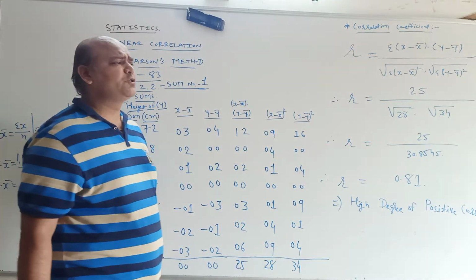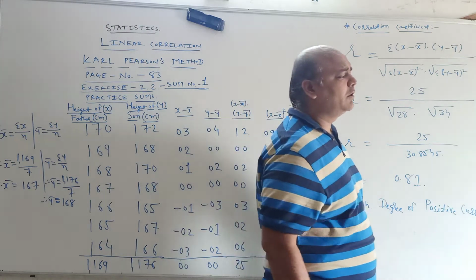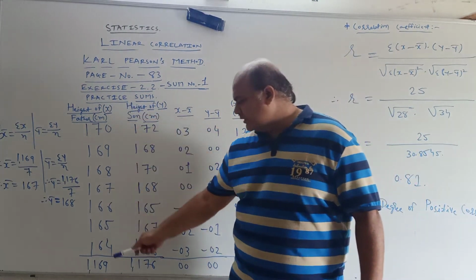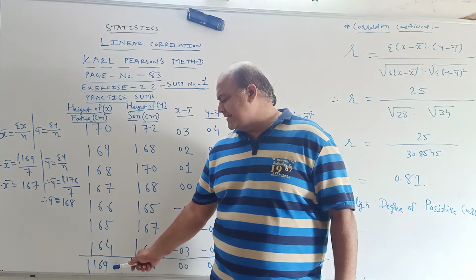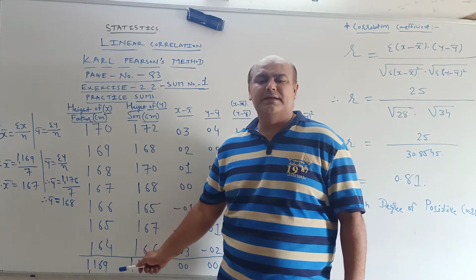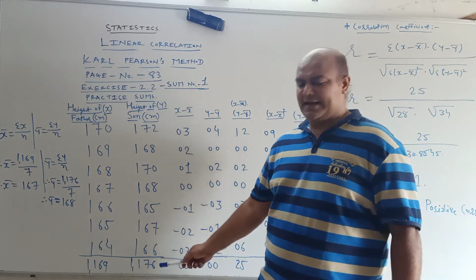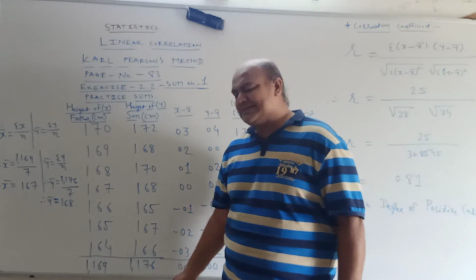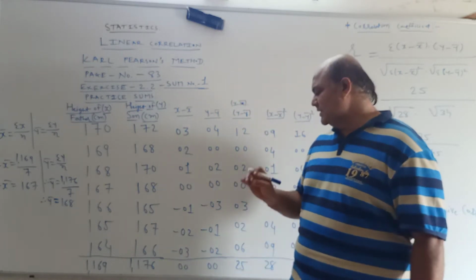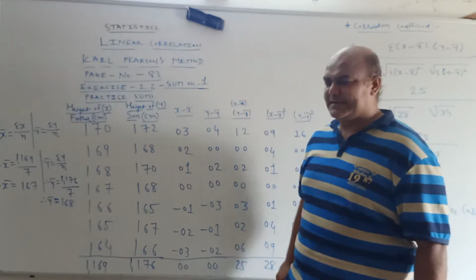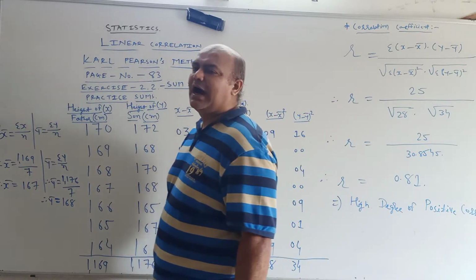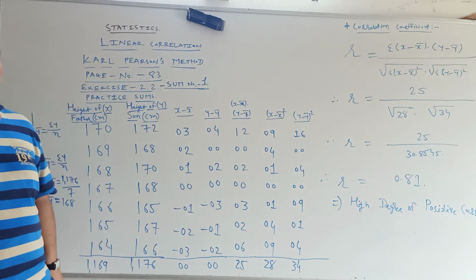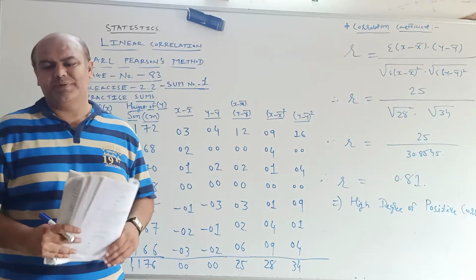Now first of all, students, we do the total of the columns of x and y. The total of the column of x is 1169, and the total of the column of y is 1176. Now after doing the total, we have to find the values of x bar and y bar.